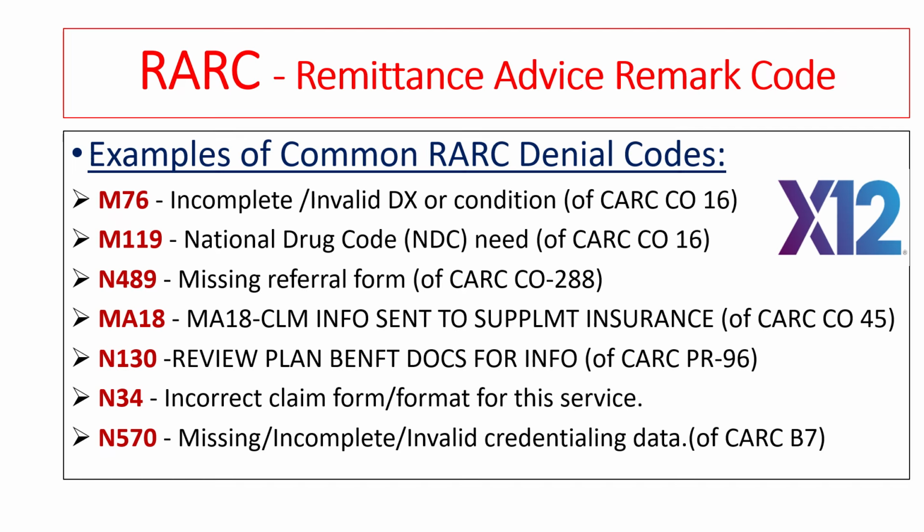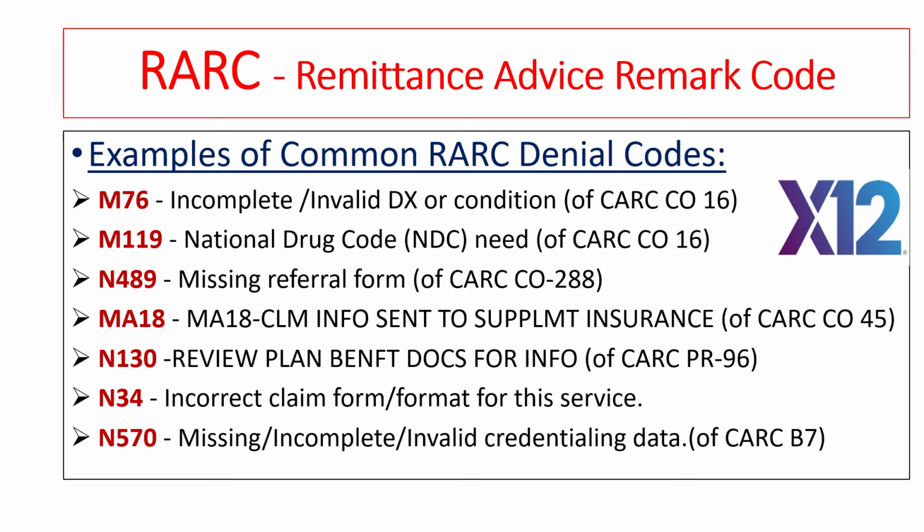If the patient has an alternate insurance, then Medicare automatically transfers this claim to the supplementary insurance. At that time we can see MA18. Keep in mind that MA18 is not a denial code. It tells that the information is crossed over to the supplementary insurance. If the patient has a supplementary Medigap insurance, then with traditional Medicare, this code appears only when the insurance has Medicare as primary.